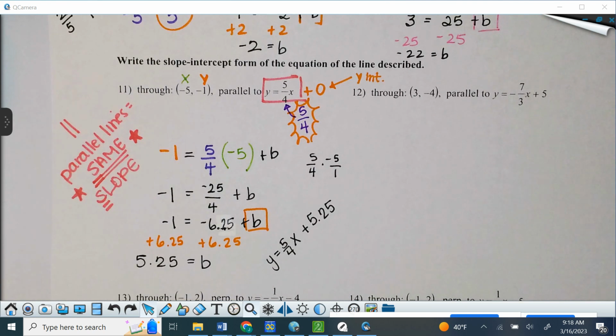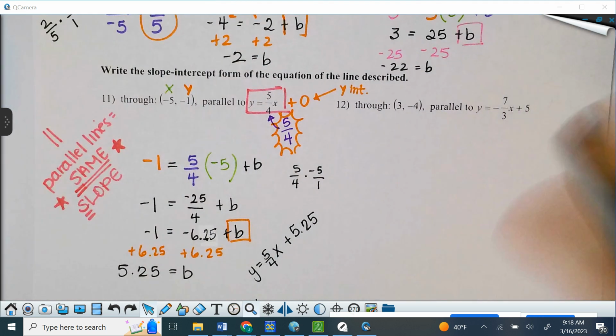All right. Parallel lines have what kind of slope? In this case, it is going to be negative 7/3 for this equation. Yep. But it's going to be same. And that's just me trying to get you to remember that word.